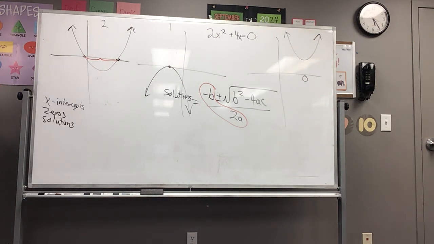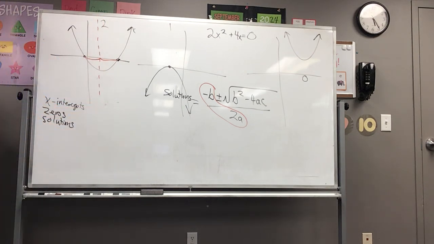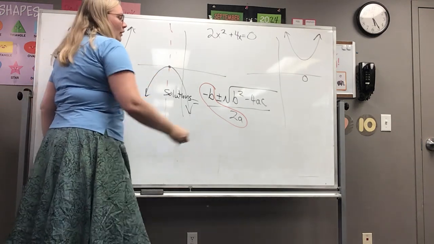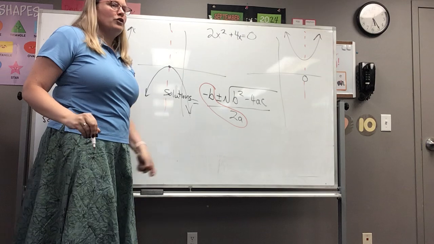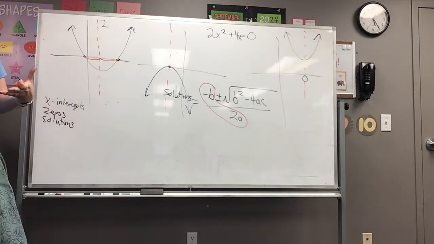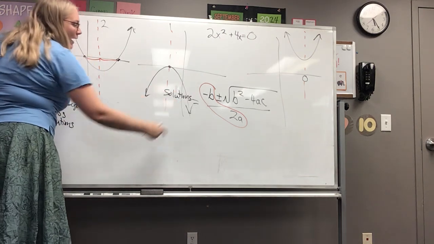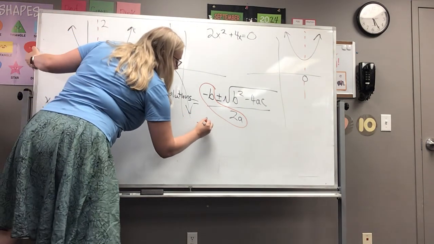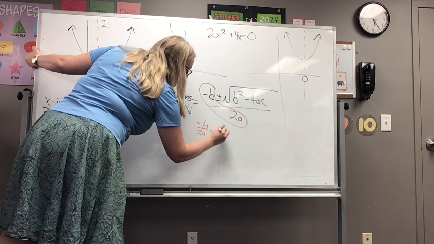The axis of symmetry. It tells you where this middle is. And it doesn't matter if it's a 0 solution, a 1 solution, or a 2 solution. This negative b over 2a is going to tell you where the center is. And so you don't have to memorize it separately. It's just part of your quadratic equation. But negative b over 2a is the axis of symmetry.